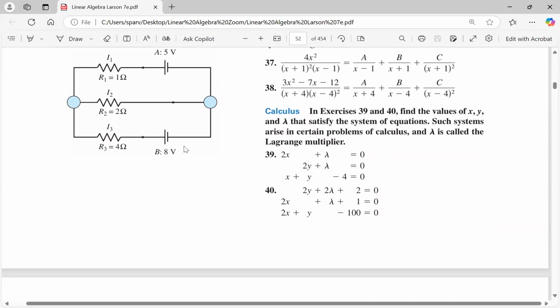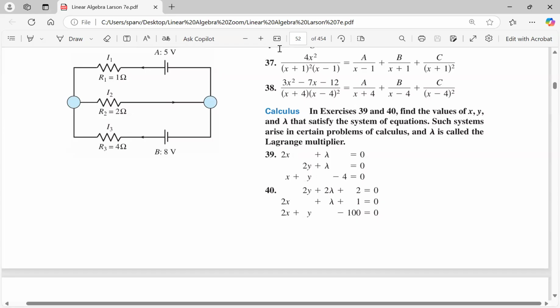That's Greek letter lambda. That satisfy the system of equations. Such systems arise in certain problems of calculus, and lambda is called the Lagrange multiplier. Okay, so that's just kind of a background of this a little bit.